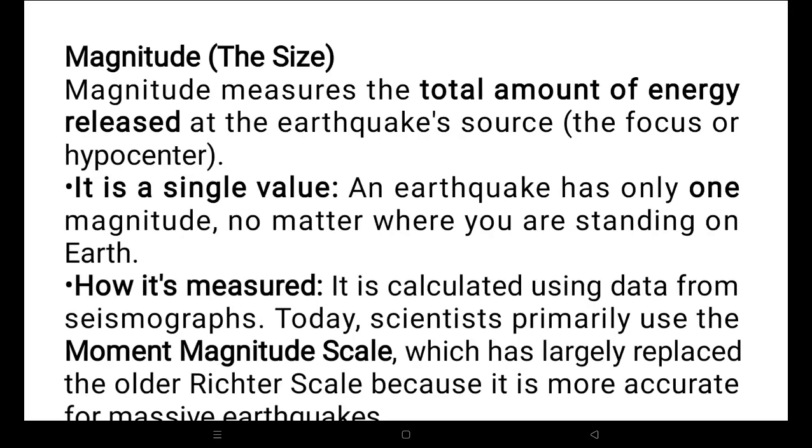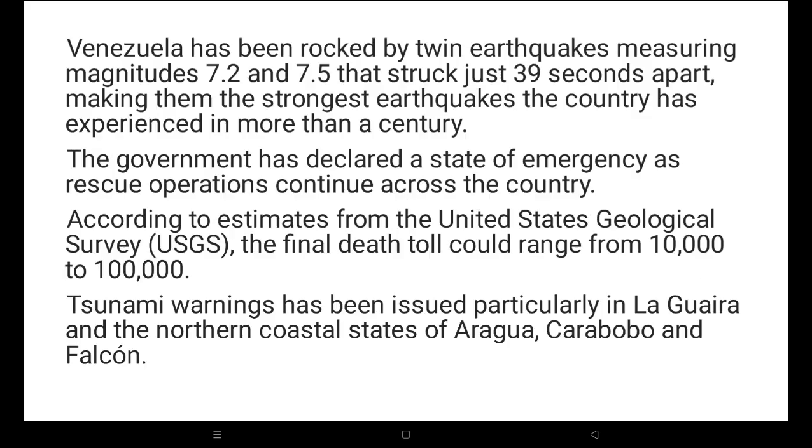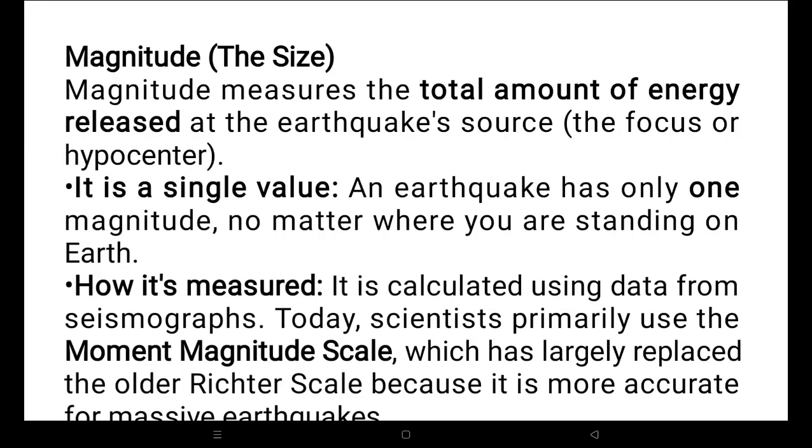So there are two terms, magnitude and intensity. What are these terms? In the previous slide we said magnitude 7.2 and 7.5. So what is magnitude? And another term used very frequently in the study of earthquakes is intensity. Magnitude we can compare with an electric bulb.